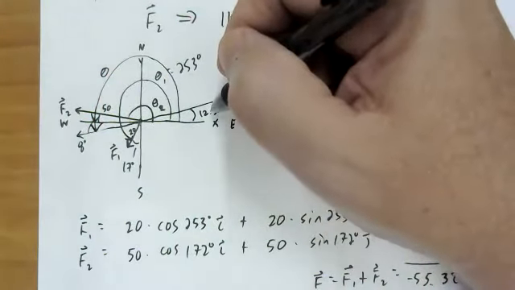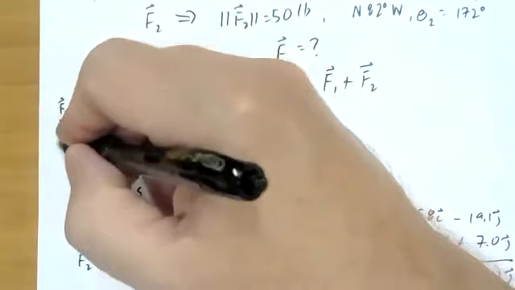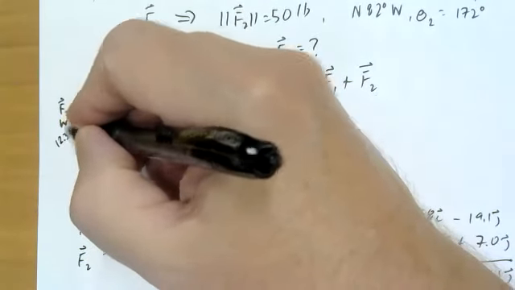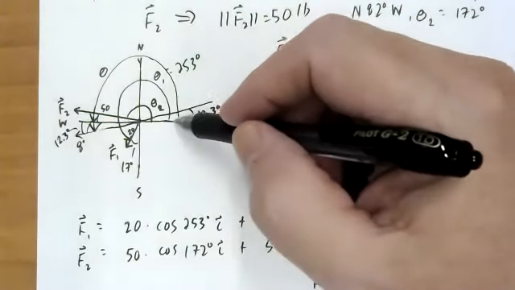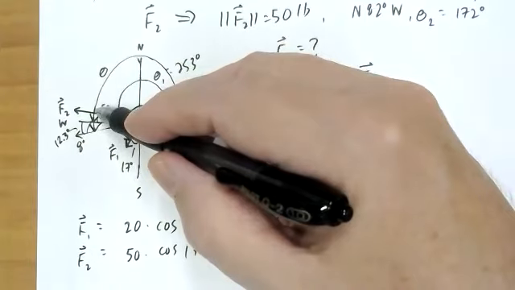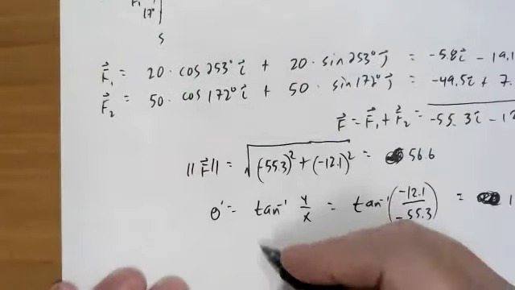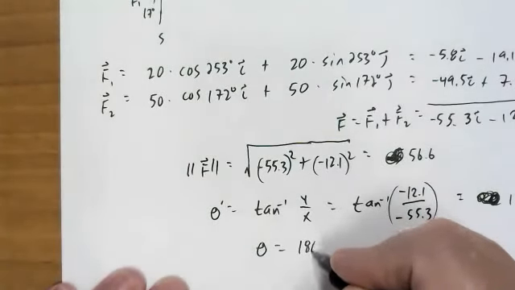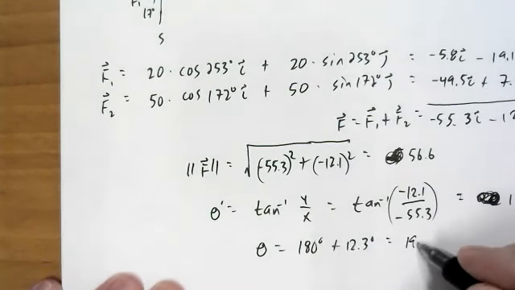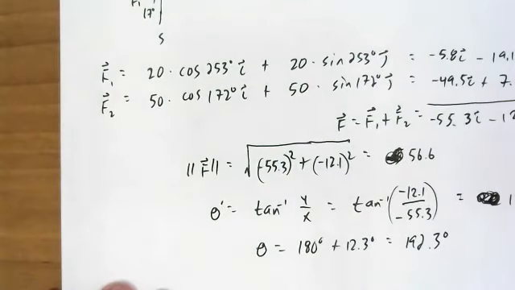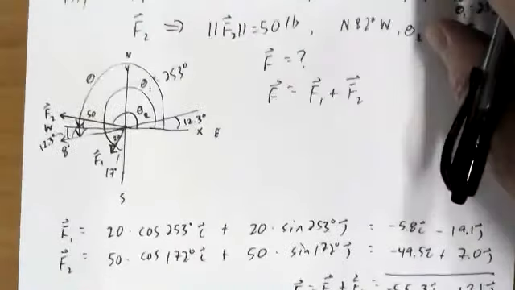But once again, this is a reference angle, meaning this angle, 12.3, is the same as this angle right here. So if I want to get my resultant angle, I've got to take 180 plus 12.3, so it's 192.3 degrees. Now it may feel like you're done, but you're not quite done yet.